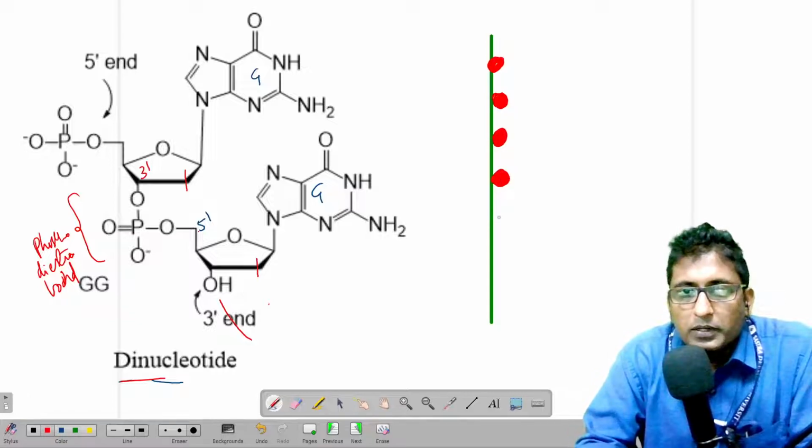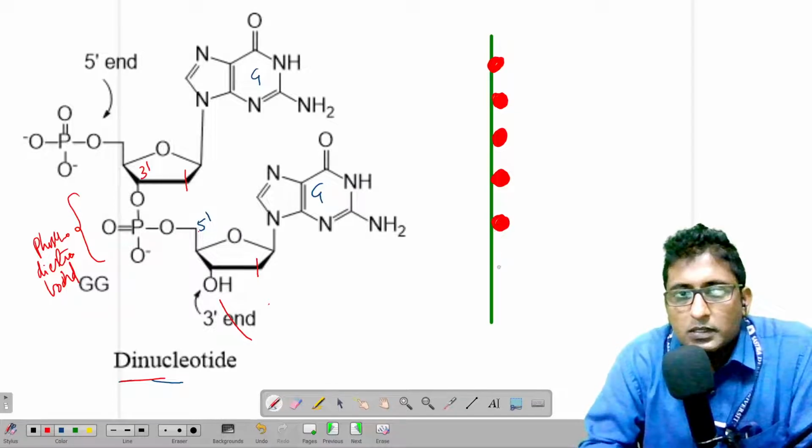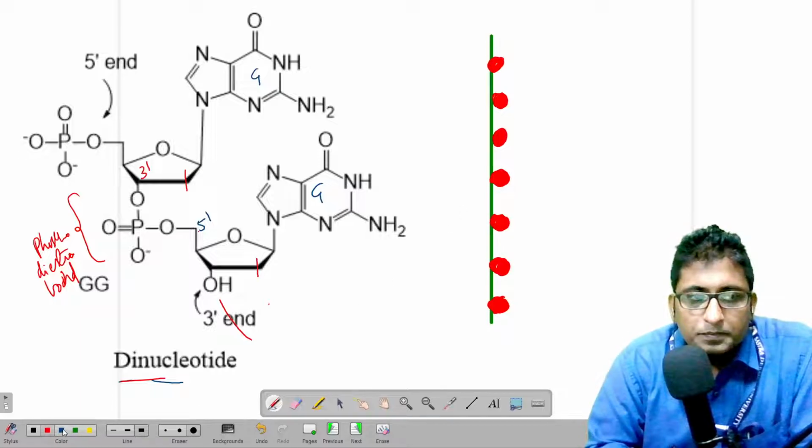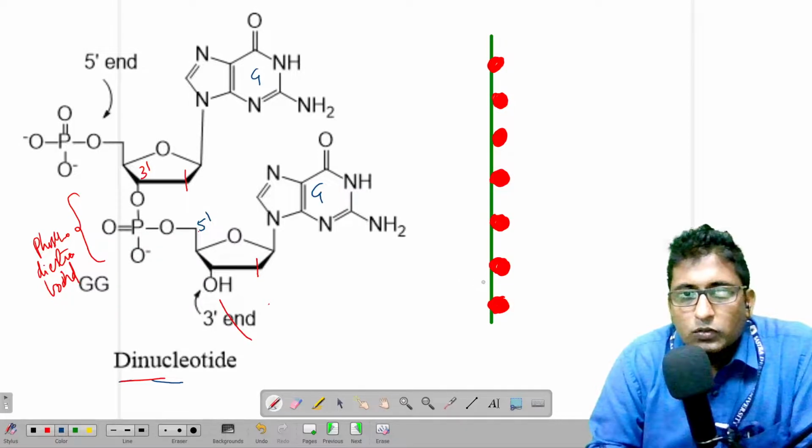It should have been a pentose, but just for the sake of understanding, we'll put it this way. The intention here is that the sugar is part of the backbone, right? And so we'll have something like a phosphate group here that is joining them.